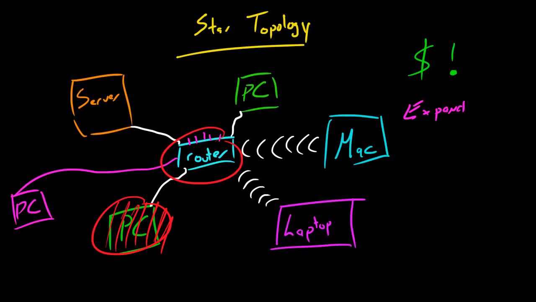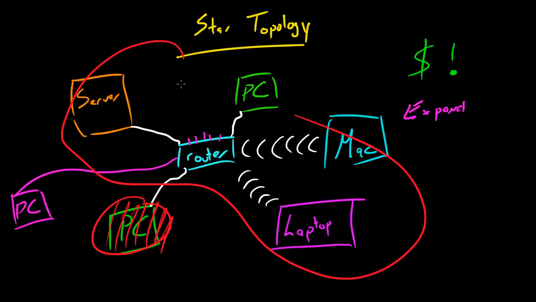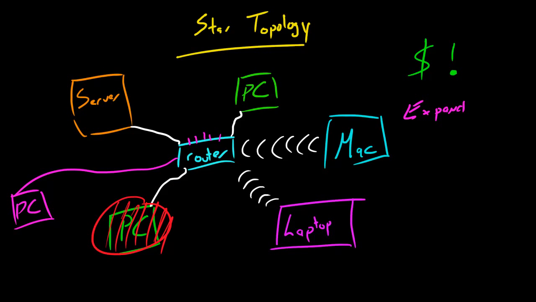It doesn't affect the router, it doesn't affect your server or anyone else's PC. That's why it's not only easy to fix, but also easy to identify. And unlike before, where this was a crucial part of the network, this can go down. You can even sell it or remove it completely, and the rest of your network is going to work just fine.